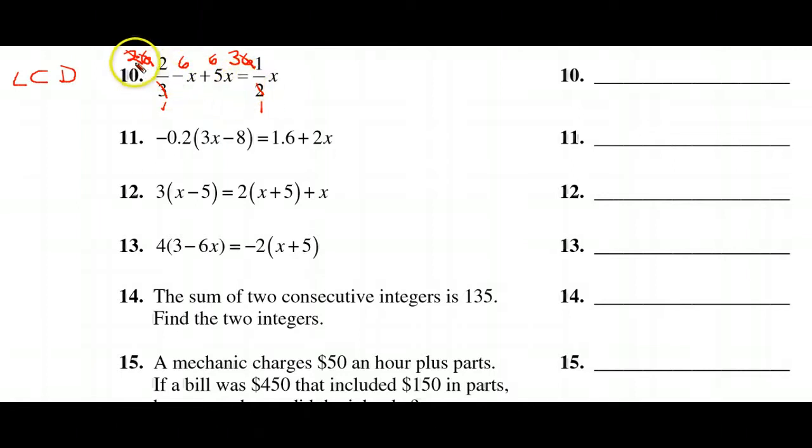So now I'm going to go 2 times 2. That's 4. I didn't write too well there. And then I have a negative 6x. This is going to be a positive 30x. And this is going to be a 3x.